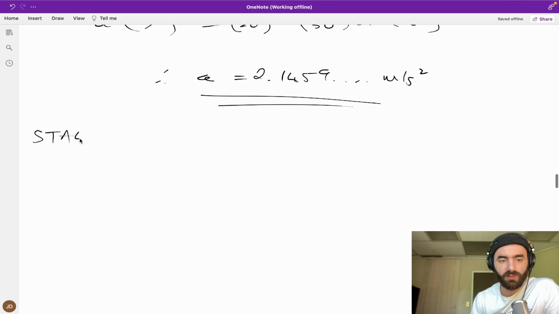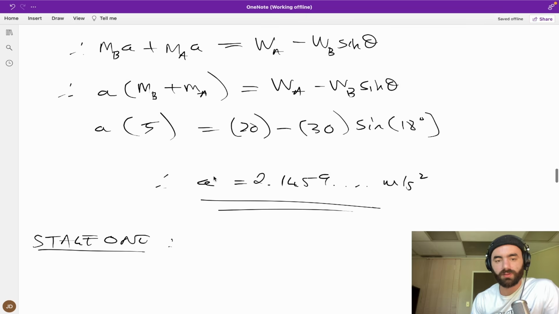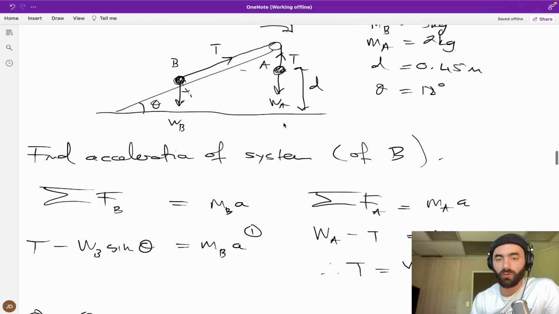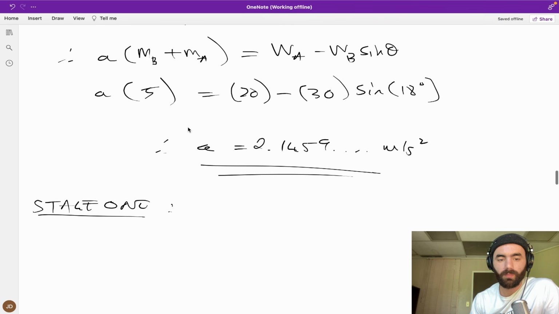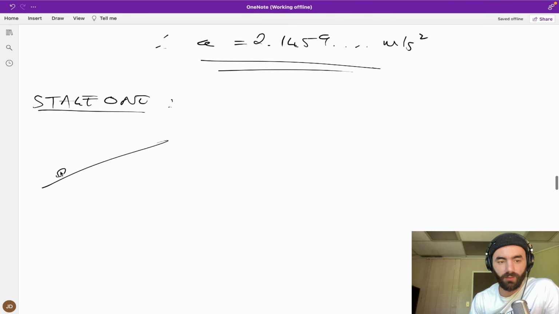So for stage 1, as I was trying to explain before, this is when B is traveling towards the ground and hits the ground. In this part, B from its starting position will travel up the slope, up to here.